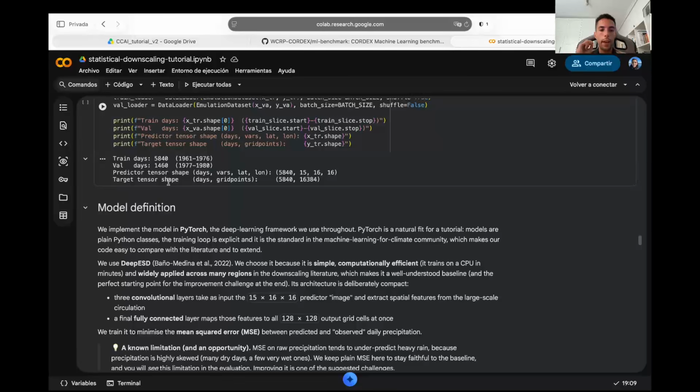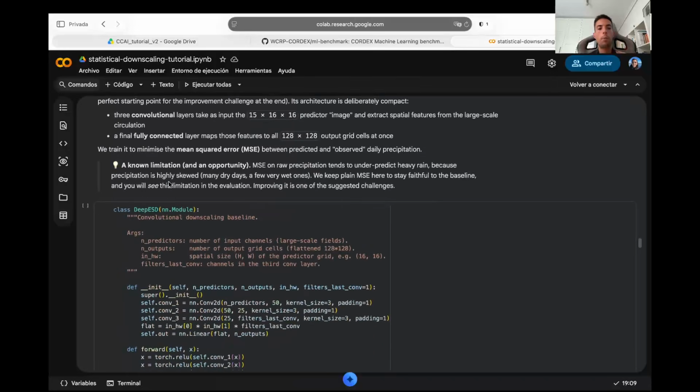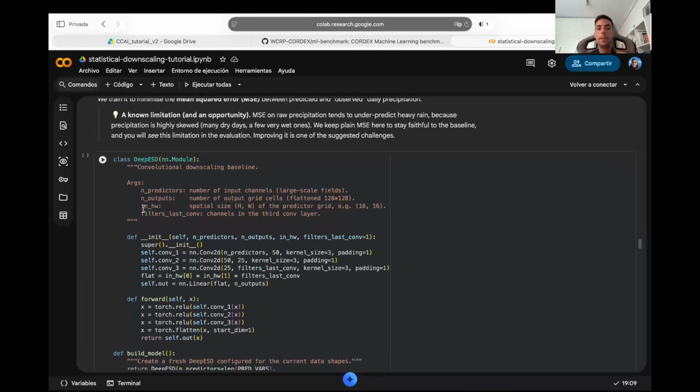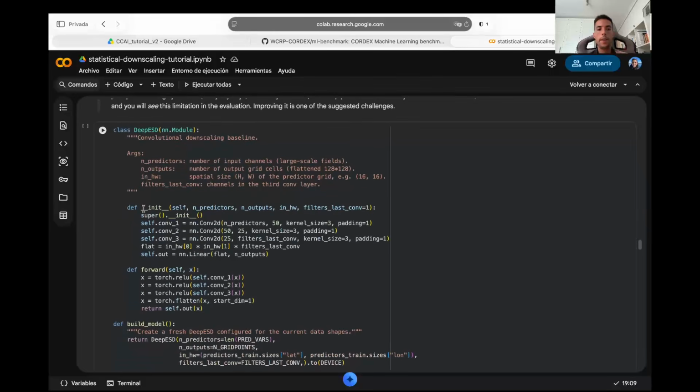Regarding the deep learning model that we are going to use to learn that empirical link, we are going to use a model denoted as DeepESD. If you want to know more about this model, it's quite a simple deep learning architecture, and you have some references at the end of the notebook. DeepESD is a convolutional deep learning model that takes all those predictors, those large scale variables, and applies 3 convolutional layers.